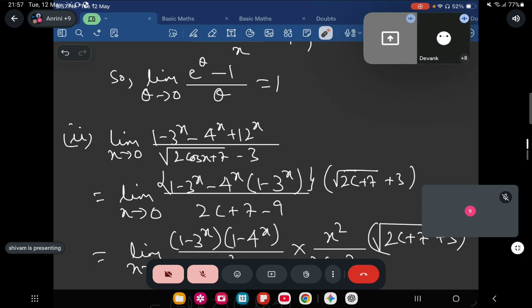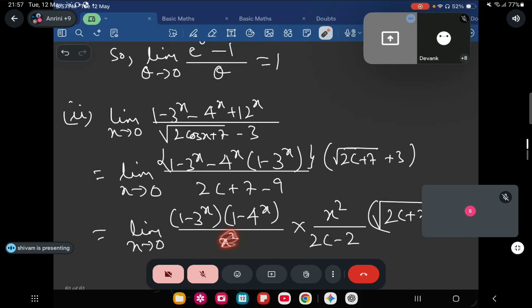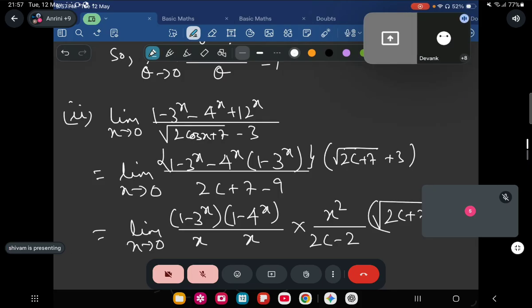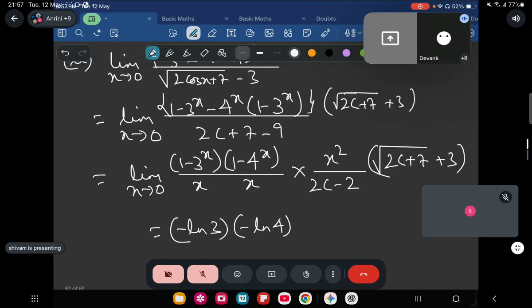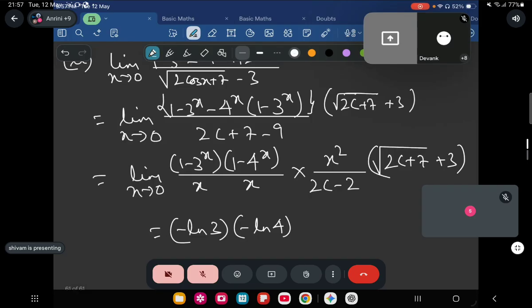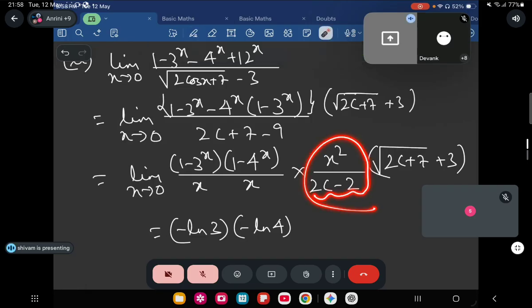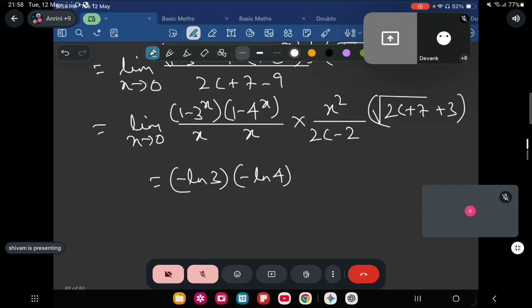So in order to convert it into standard form, we have to divide it by x square, right? 1 by x below 1 minus 3 to the power x and 1 by x below 1 minus 4 to the power x, multiplied by x square. Now this one will become a standard form again, right? If you take 2 common, multiplied by x square by 2 common, cos x minus 1. So what is 1 minus cos x upon x square, everyone?